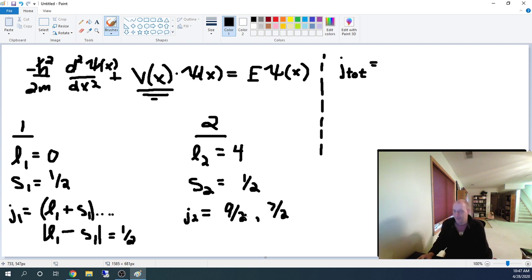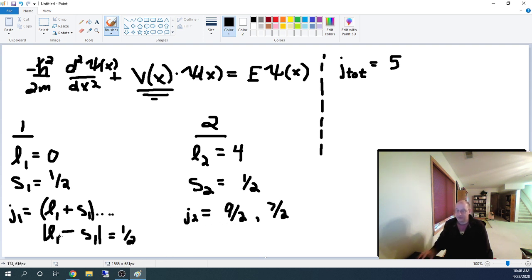Let's see what we get here. 1/2 plus 9 halves is 10 halves. It's 5. So 5 is one value you could have.